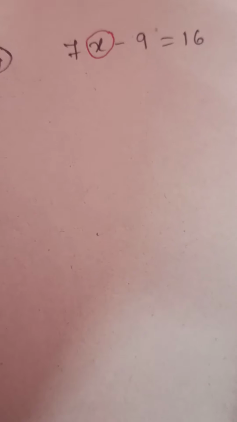What I am taking here, 7x minus 9 is equal to 16. What is the variable here? We can see clearly x is the variable. Now we have to find the variable value, x value.